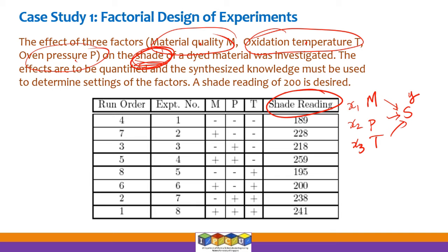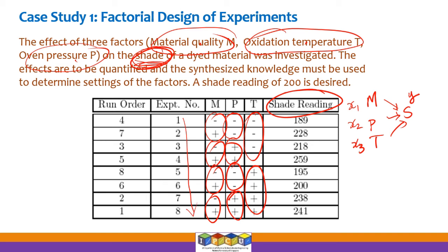And as you can see, 8 experiments have been done. There are no replicates, and this is the standard order because minus, plus, minus, plus, minus, plus, minus, plus for the first factor, minus, minus, plus, plus, minus, minus, plus, plus for the second factor, 4 minuses followed by 4 pluses for the third factor. So this is what is called a standard order. So the experiments are labeled as 1 to 8.